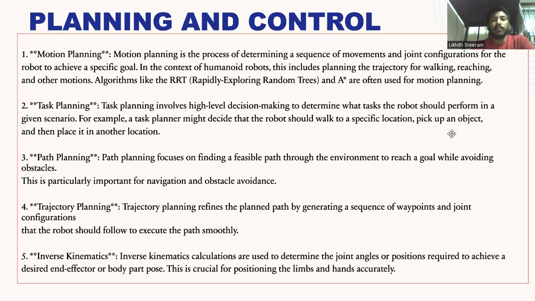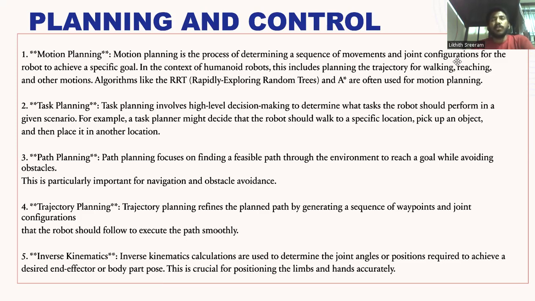The next planning topic is task planning. Task planning involves high level decision making to determine what task the robot should perform in a given scenario. For example, a task planner might decide that the robot should walk to a specific location, pick up an object, and then place it in another location.